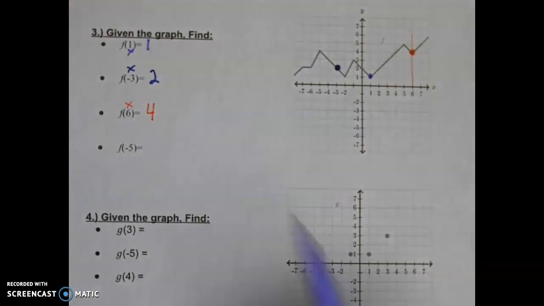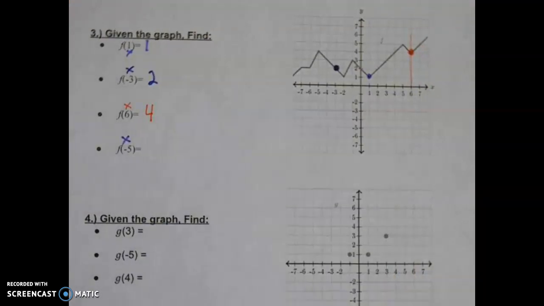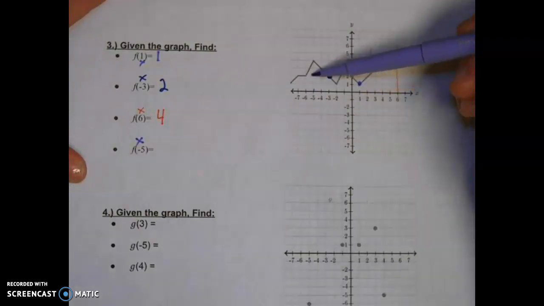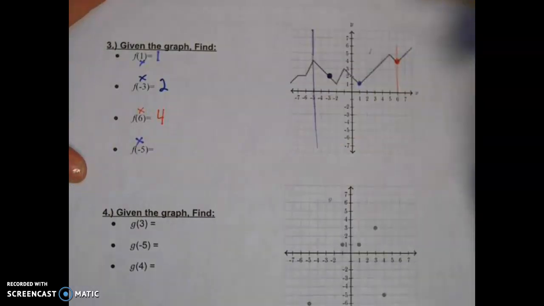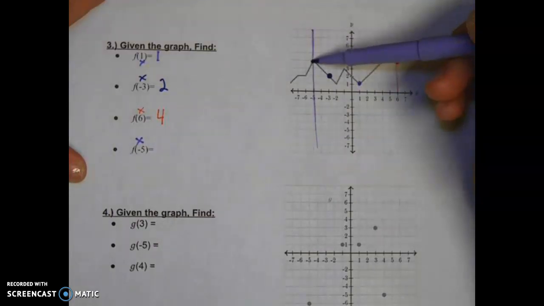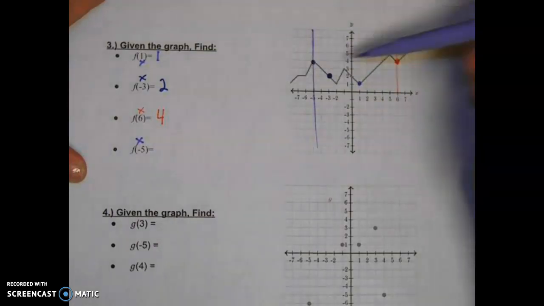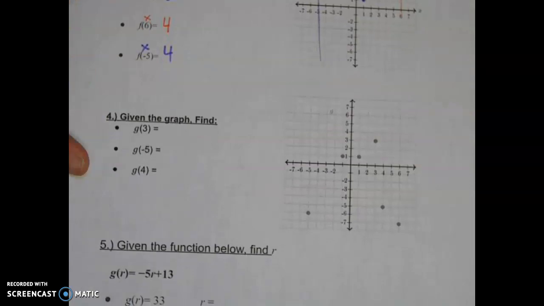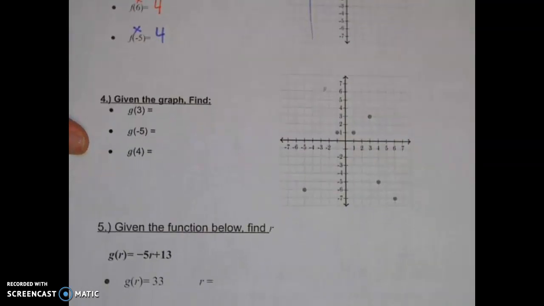And last one here. When our function is at -5, what is going to be our y? You can also draw a line for these and see where it hits. So it's going to be right here, if that helps. That's also going to be 4. So let's move to this next one here.